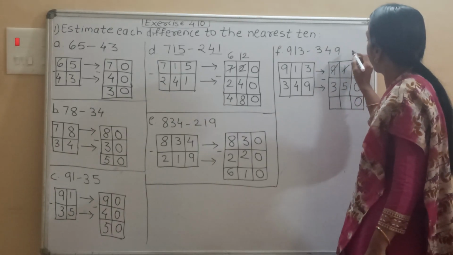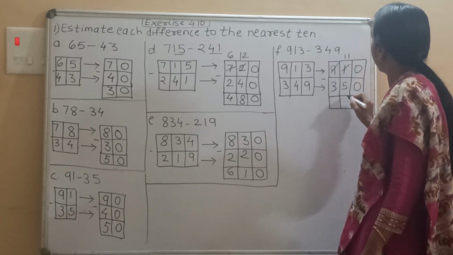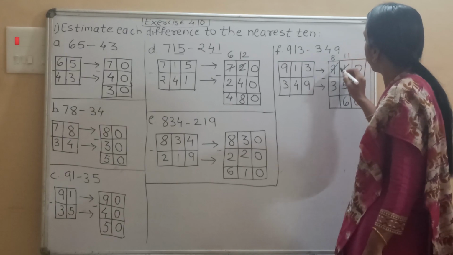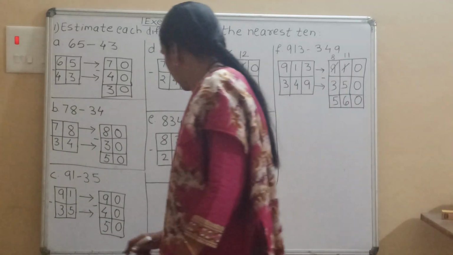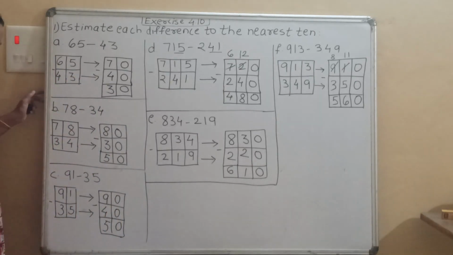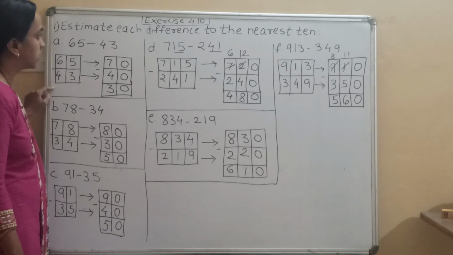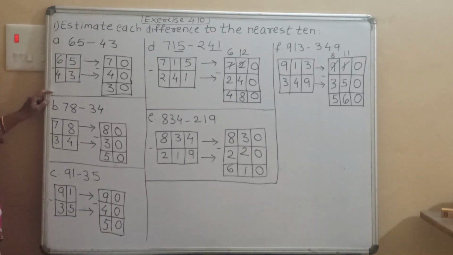No. So take 1 from this 9 and write down here 11. 11 minus 5, 6. 9 minus 1, 8. 8 minus 3, 5. So what is the answer? 560. Okay. So in this way you write down this exercise also in your notebook.